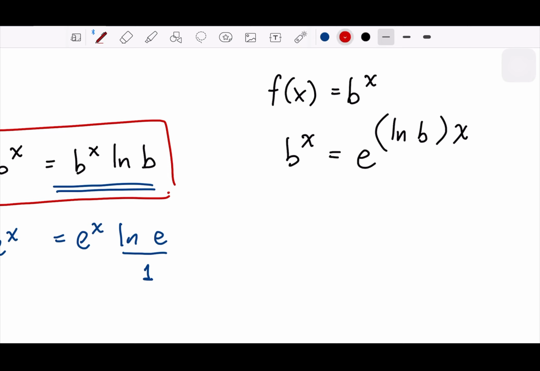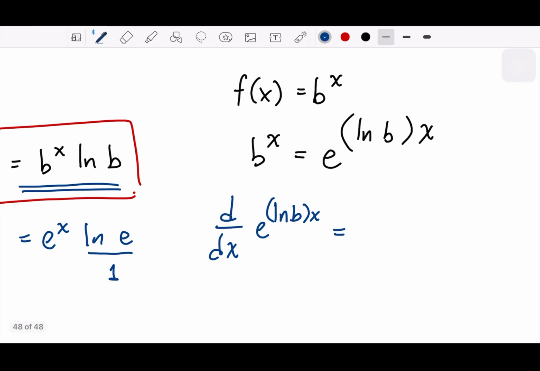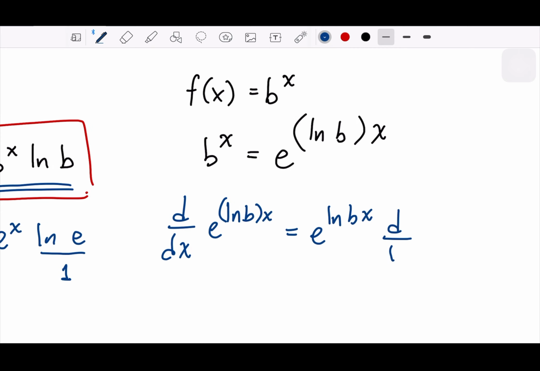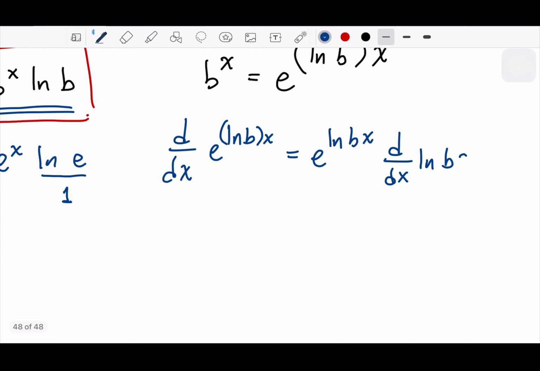And when we take this as a derivative, this will appear as itself, and then we will have the derivative of x ln b, and then this will result in the same b^x ln b.